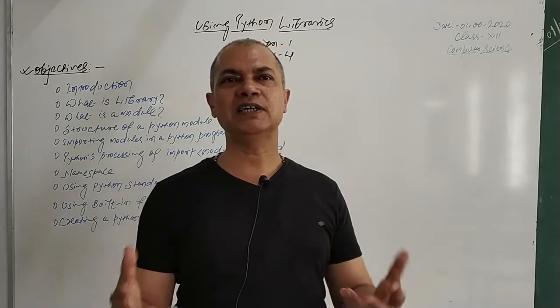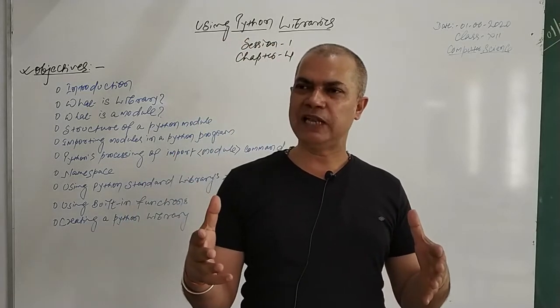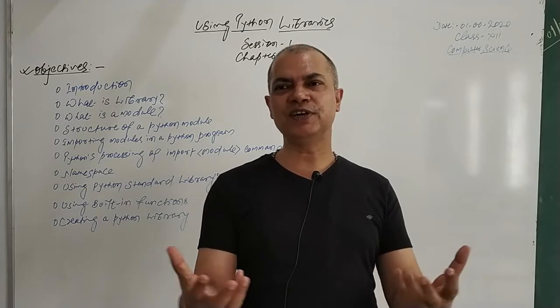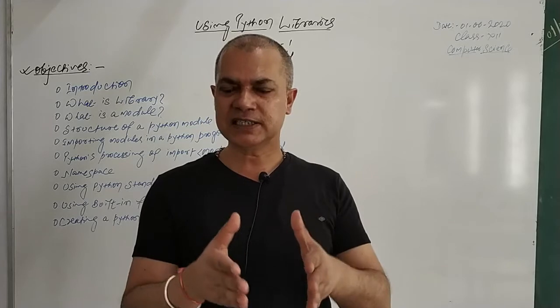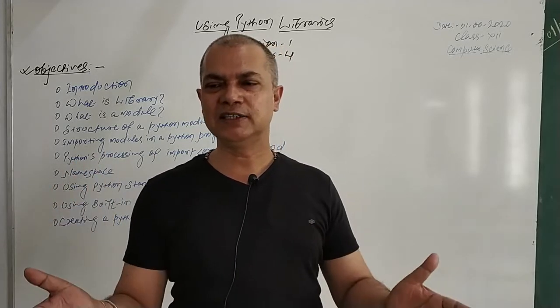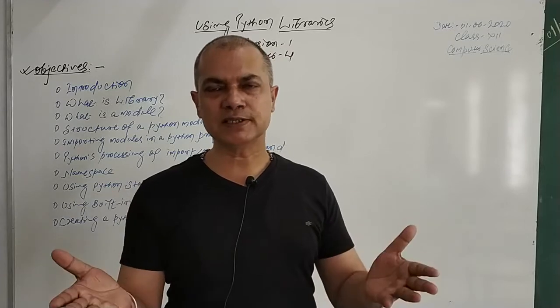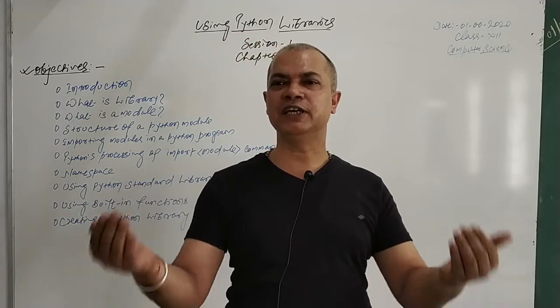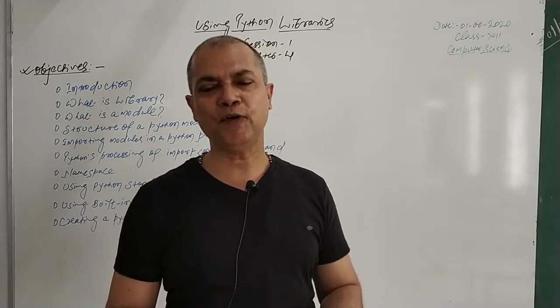These are all library examples. A library is a collection of different kinds of modules, and modules are separate .py files having more than one function of different kinds that we can use directly without creating them again in my program.